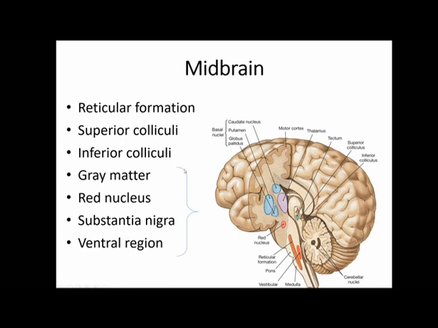And of all of these, there's a bunch of different pieces here. But you'll notice that there's a little bit of a bracket here where I have decided that these 4 different areas, the gray matter, the red nucleus, the substantia nigra, and ventral region, which are sort of, here's the red nucleus, I had to double check.